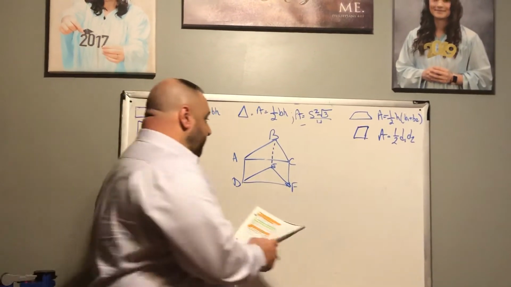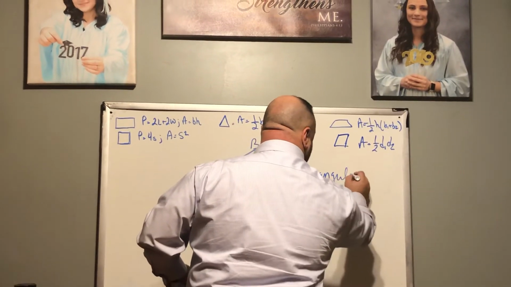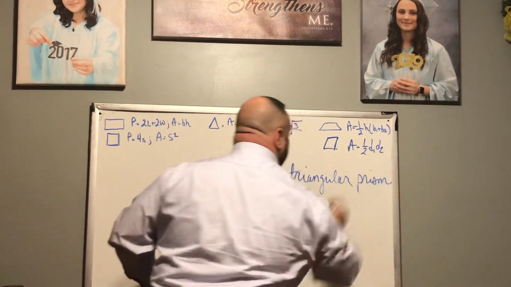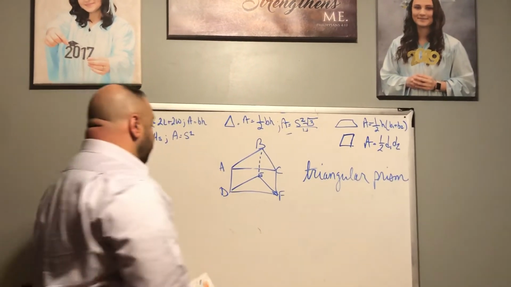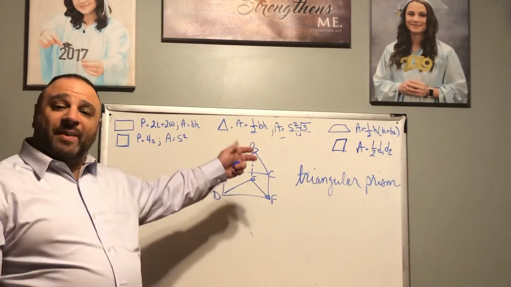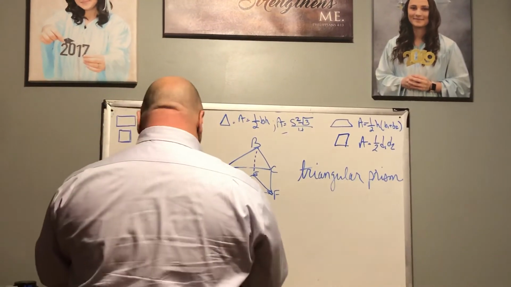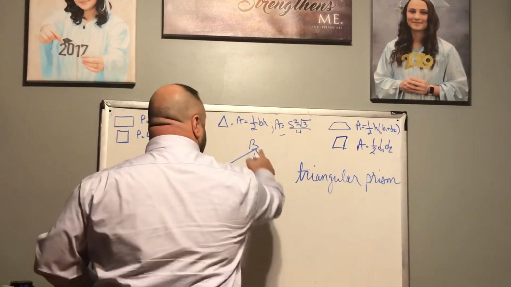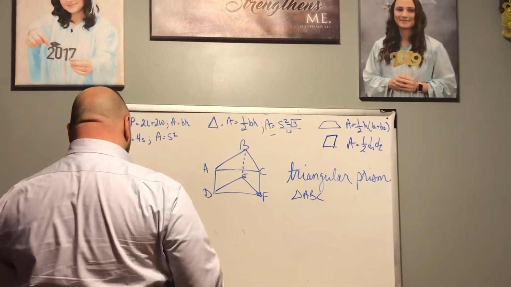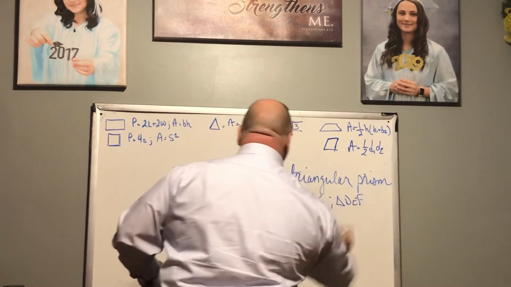So, therefore, this would be called a triangular prism. Very good, a triangular prism. And then, what are the bases? So let's name the bases. Top and bottom, okay? So we're going to name the bases, right? Triangle A, B, C. And then let's name the bottom here. We have triangle D, E, F.